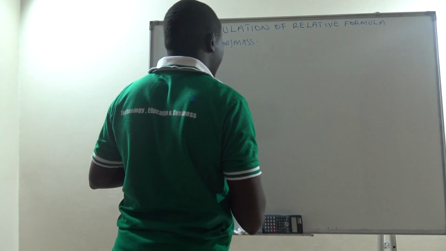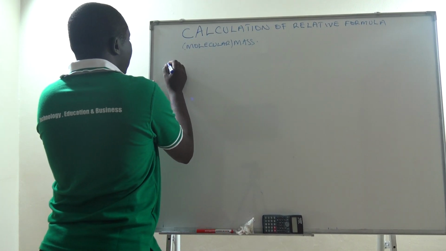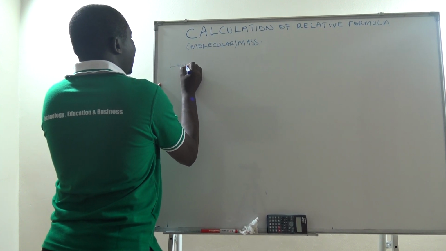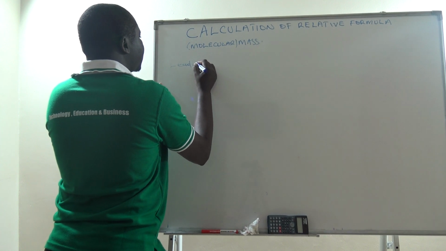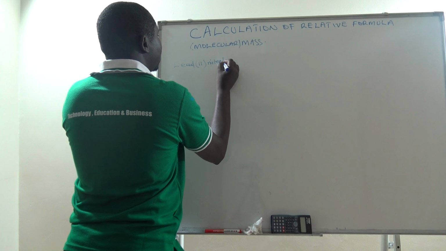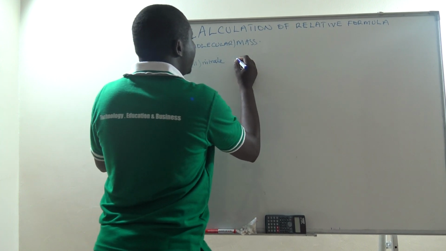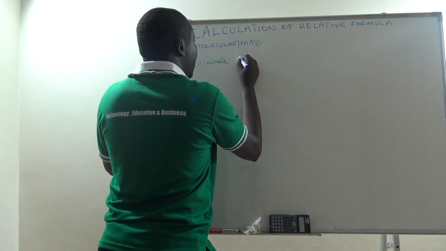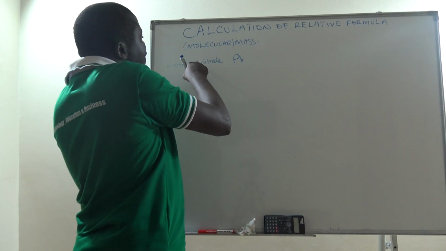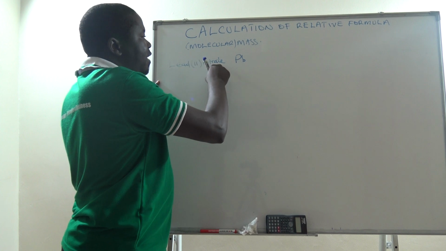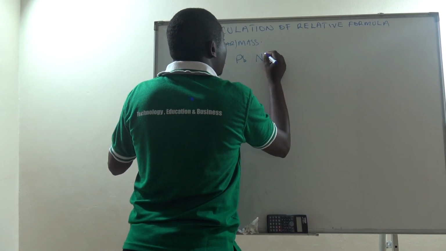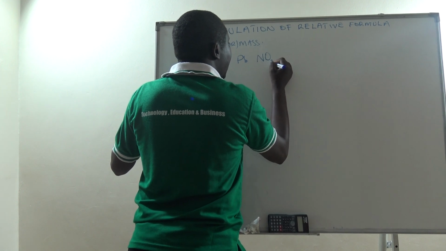Now let us look at a compound like lead 2 nitrate. In lead 2 nitrate we have lead metal, and we have a radical, the nitrate radical, with the formula NO3.